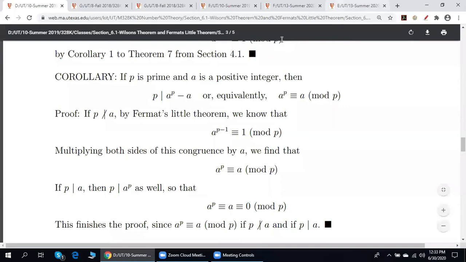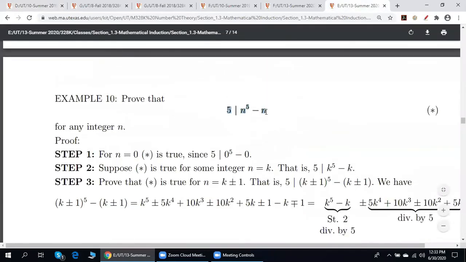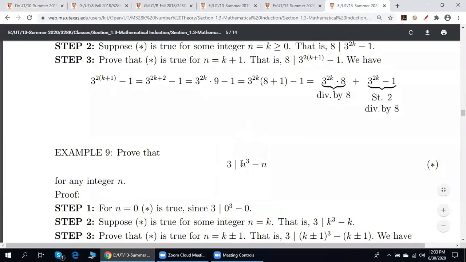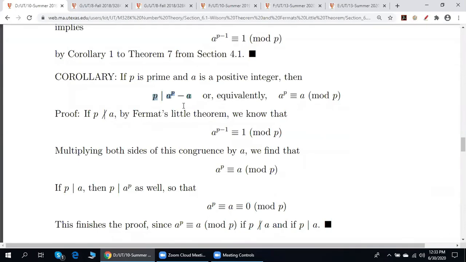Note that what we discussed here, this, and this, are particular cases of this. So once again, in order to prove it, we need Fermat's little theorem.